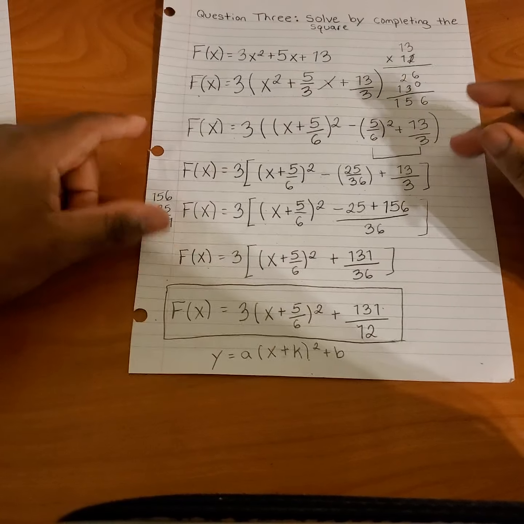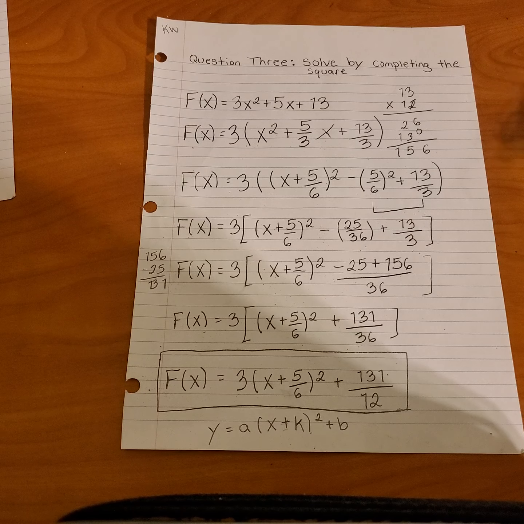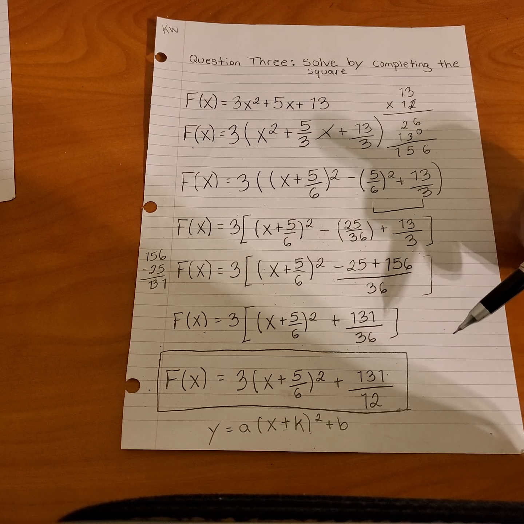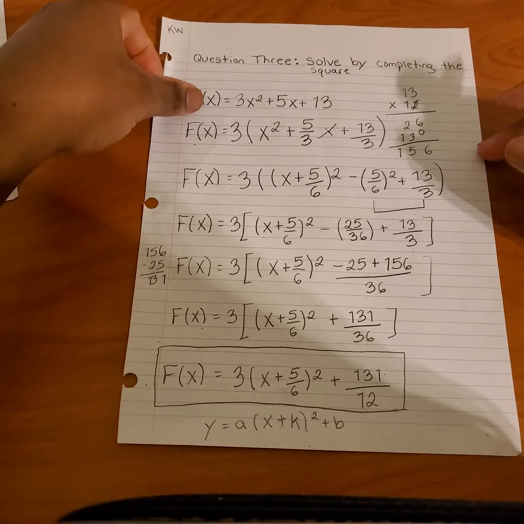And a is a vertical stretch or compression, depending. The b at the very bottom is a vertical shift, and then you can use k and b to get the vertex, which is negative k, b.